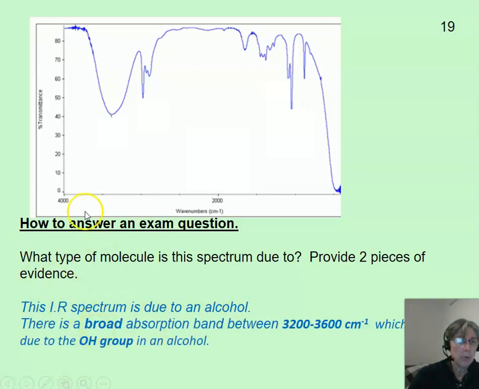There is a broad, so this is quite wide, and we need to use the word broad, band, between 3,200 and 3,600, which is due to the OH group in an alcohol. So we need to look that up and make sure you've got the right numbers. These are higher numbers than the carboxyl group. So just pause it and write that down. Broad band between the 3,200 and 3,600.